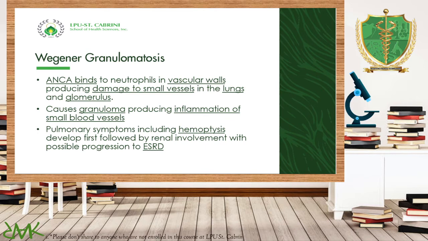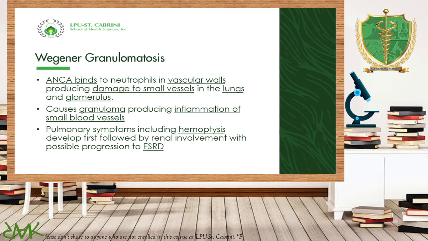The key to the diagnosis of Wegener's granulomatosis is the demonstration of ANCA. This ANCA binds to the neutrophils in the vascular walls and produces damage to the small vessels in the lungs and as well in the glomerulus. Now, what is this ANCA?